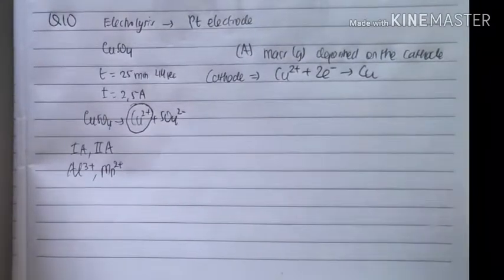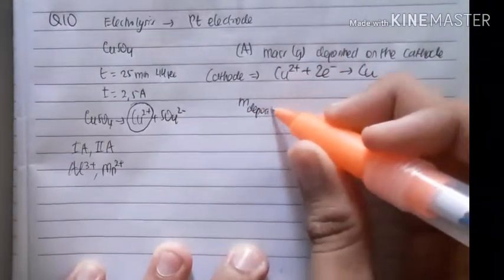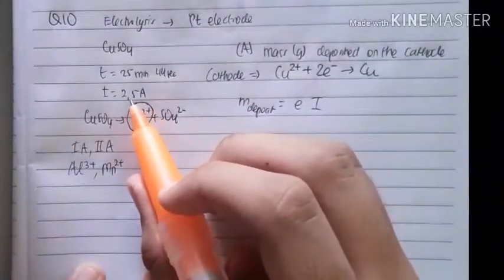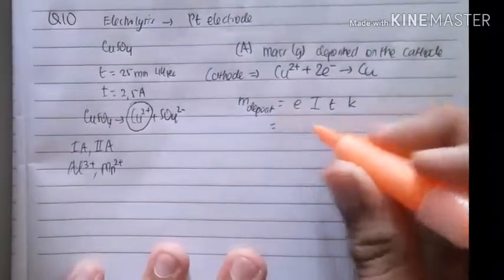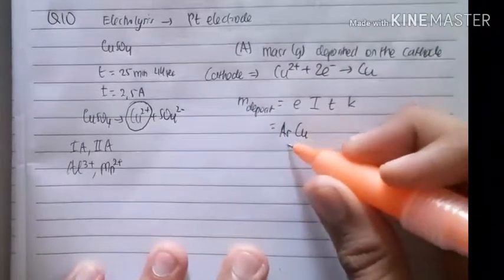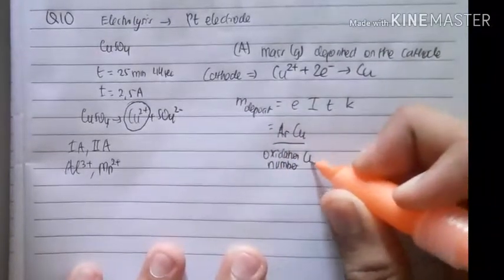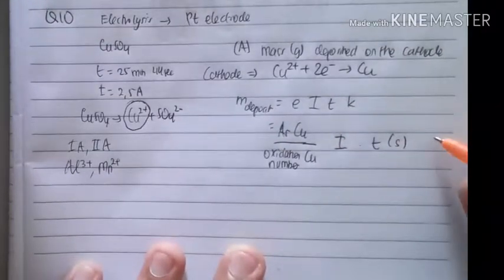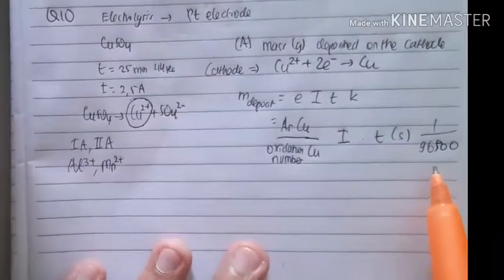Okay, so to calculate it, we use the formula: M deposited equals E times I, which is the current used, times time, times K. Now E is the relative atomic weight of copper over the oxidation number of copper, times the current, times T in seconds, and K is the Faraday constant for electrolysis, 96,500.